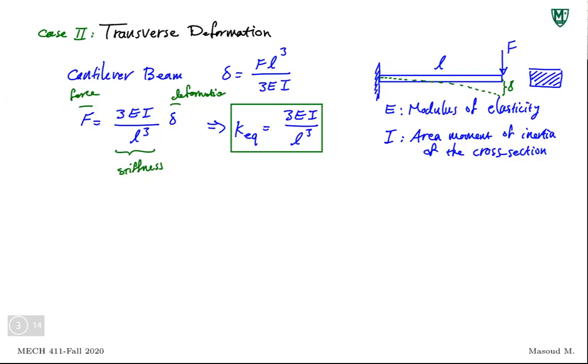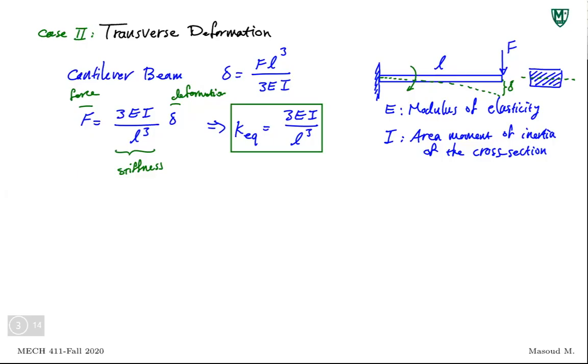This I is the area moment of inertia of the cross section, but remember the direction. We have the force applied in this direction, right? Vertical direction, and the bending occurs this way. So all I care about is the area moment of inertia around this horizontal axis.